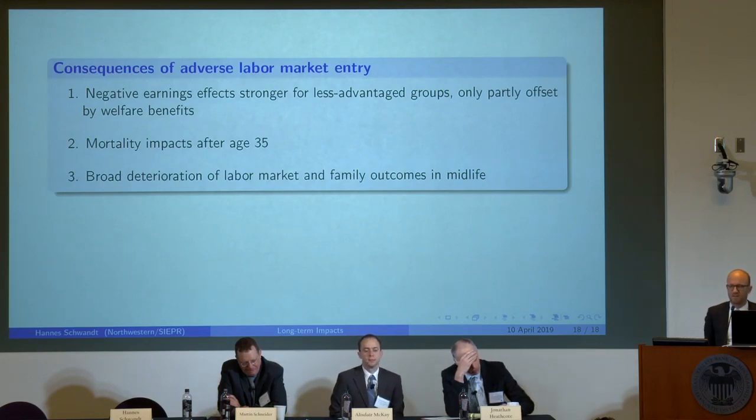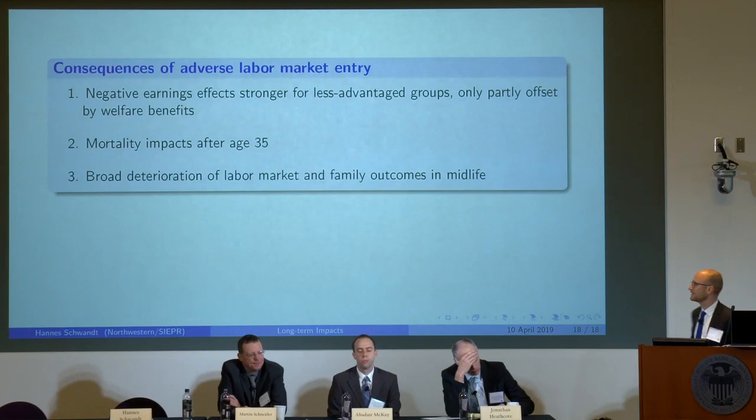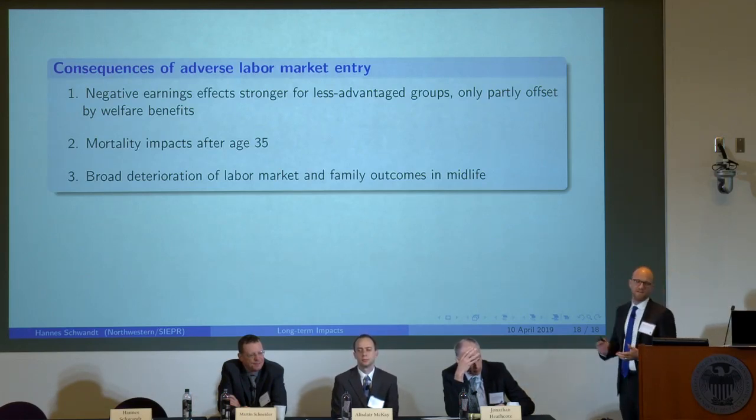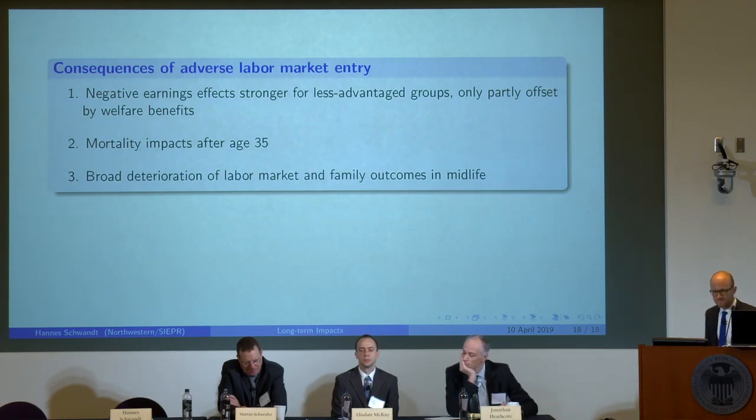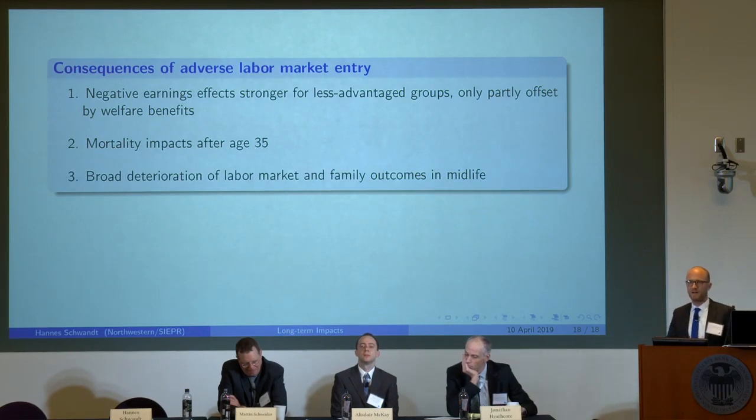Okay, so let me just summarize what the main takeaways are. First, we see that these negative effects of graduating in a recession are, if anything, stronger for the less advantaged groups, and they are only partly offset by welfare benefits. Second, we show that health and even mortality is impacted after age 35, with an increasing positive effect that we see going up to age 50 and very likely also beyond that.